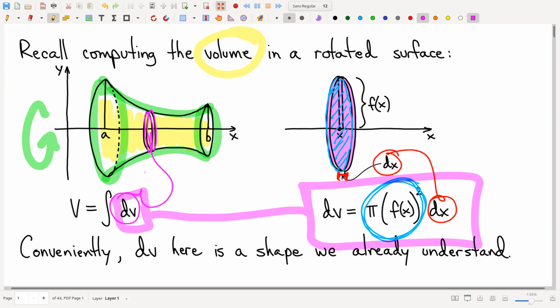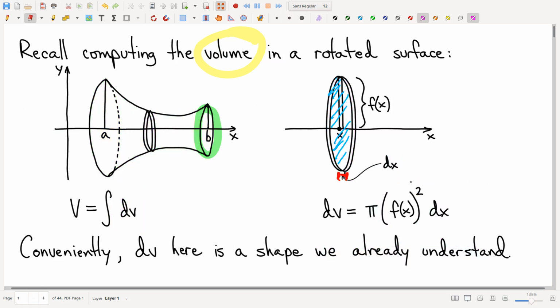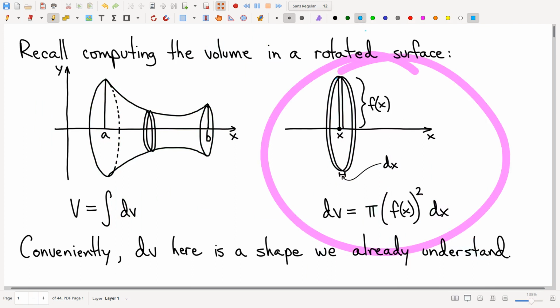The big part of this that we're going to steal is that a cross-sectional area times a thickness gives you a volume. All right, is everybody on board?